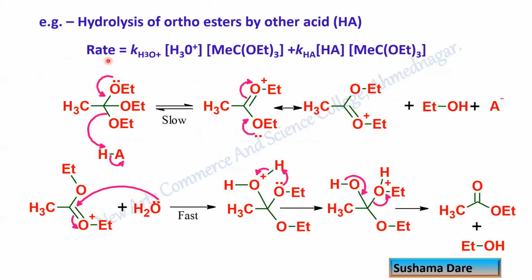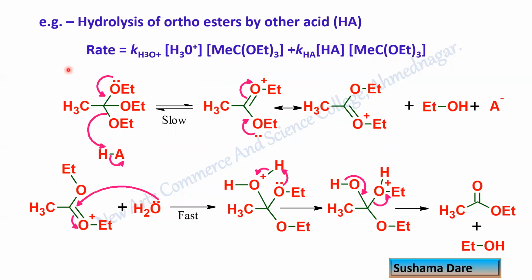Now the rate of reaction is equal to the rate constant for the protonated water times the concentration of the protonated water and the concentration of the reactant, the orthoester, plus the rate constant for the other catalyzing acid HA times the concentration of HA and the concentration of the reactant.